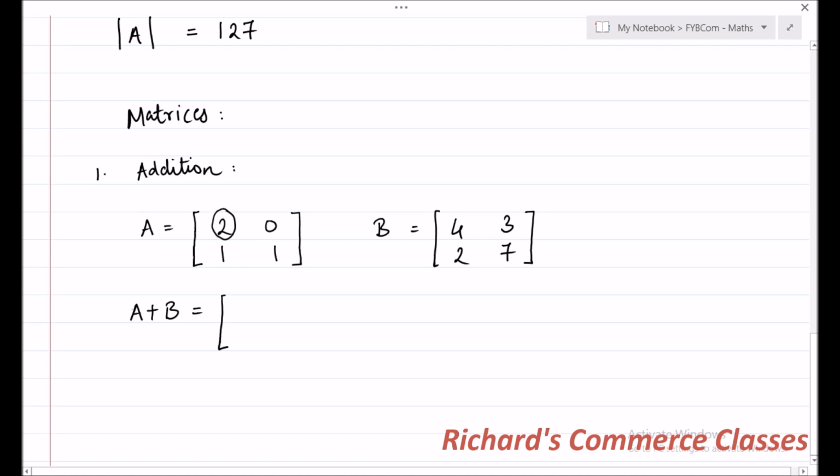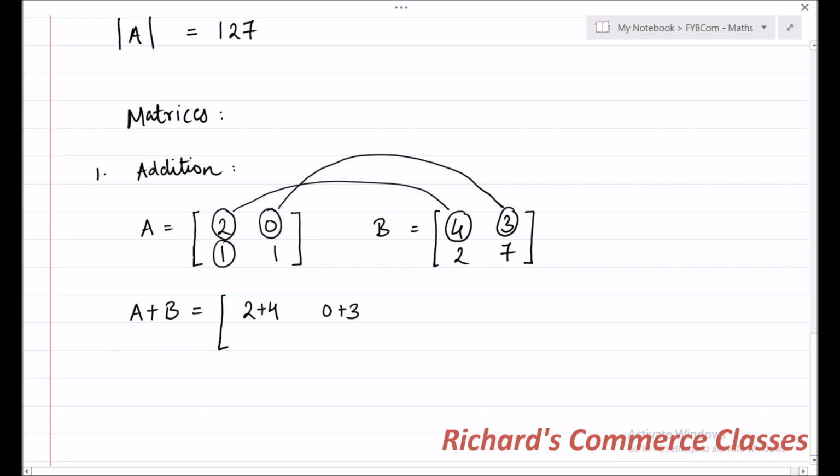This 2 will be added with this 4. 2 plus 4 is the first element. Then this 0 will be added with this 3, that is 0 plus 3. The next 1 will be added with the corresponding element of B, that is 2.